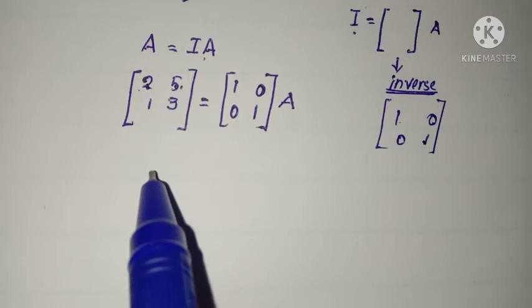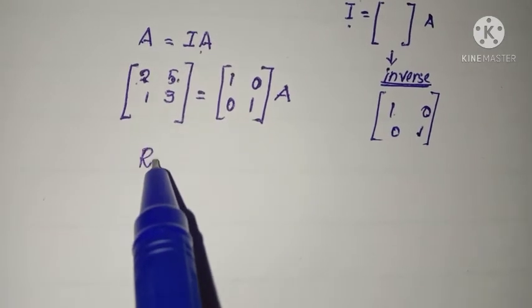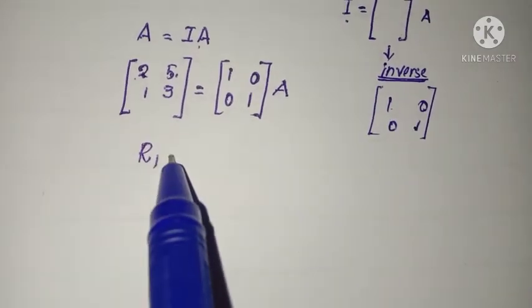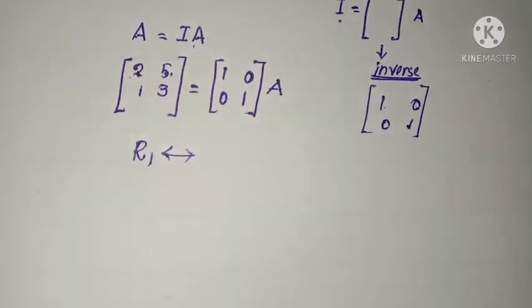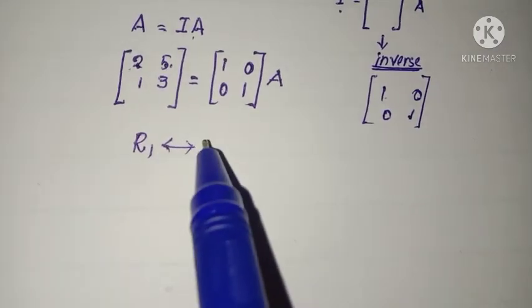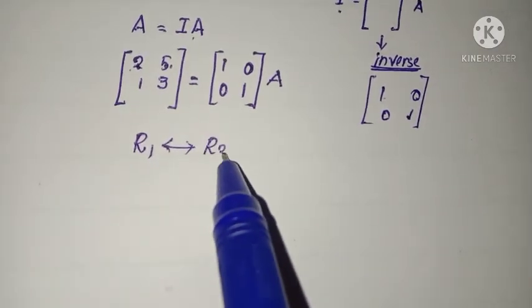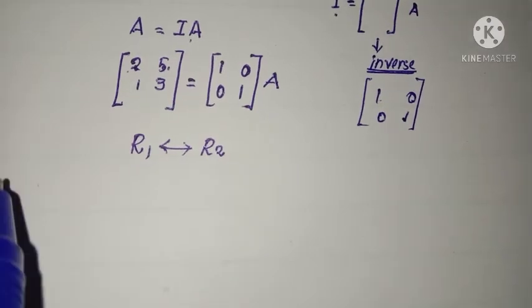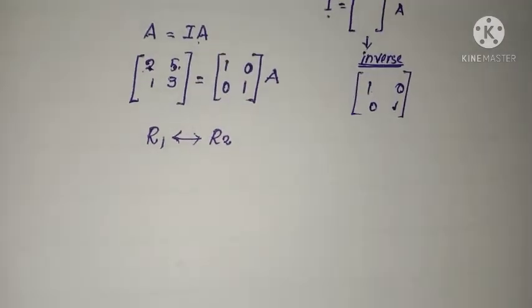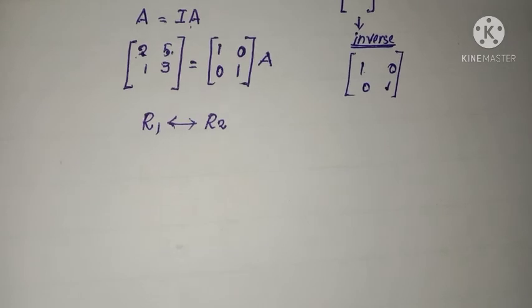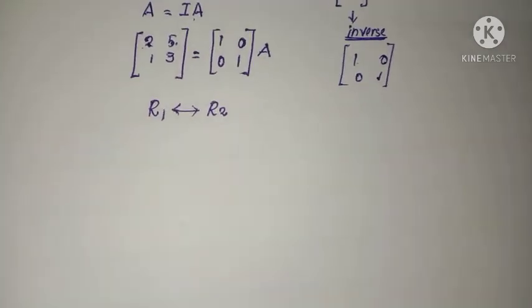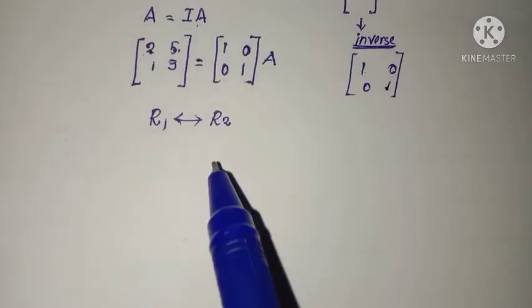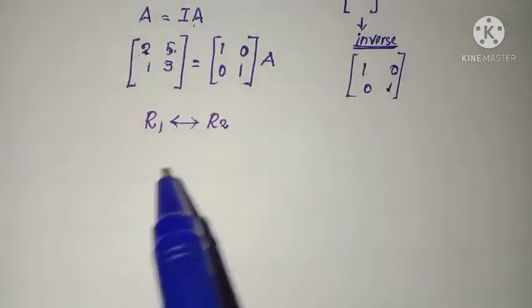Okay. So I am going to make an elementary operation for the first row as, listen, R1 is interchanged with R2, because we can change rows. That is one of the elementary operations: interchange of any two rows or any two columns.